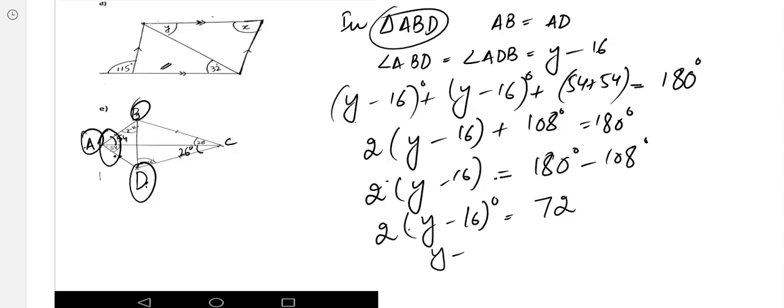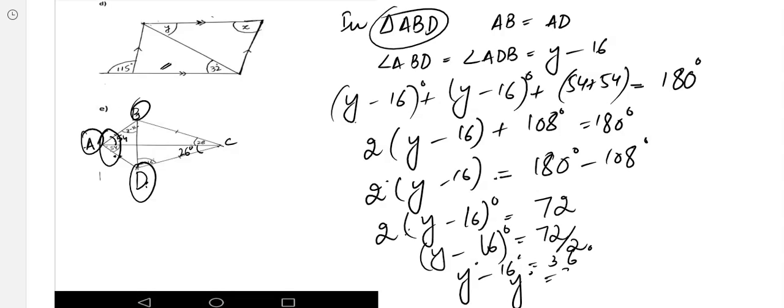Whenever we have to undo the operations, we know that we do the 4 operations in reverse order. So 2 is being multiplied over here, we'll reverse the operation and it will be divided on the other side. Y minus 16 would be 36 degree. So Y would be 36 plus 16 equals to 52 degree.